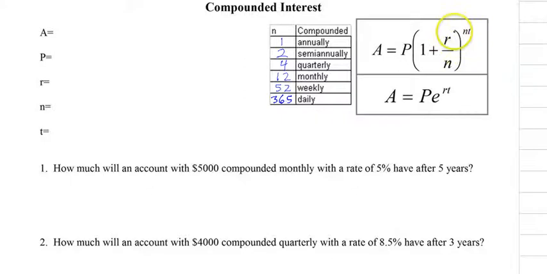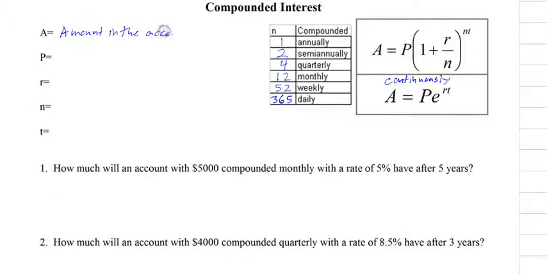So these are the formulas. That's the formula for compounded interest. You can also have it compounded continuously, and that's this formula right here. So if you see compounded with an n value, annually, semi-annually, quarterly, you use this. And what do these values mean? Well, A is the amount in the account.